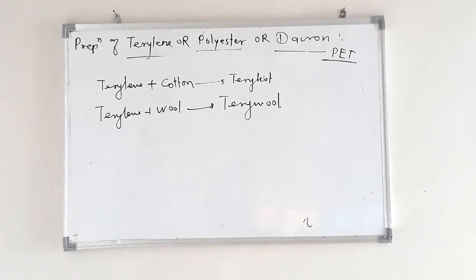And also this polymer PET is used for making many articles like bottles, jars, then packaging containers, etc. So that's why they are very, very important.